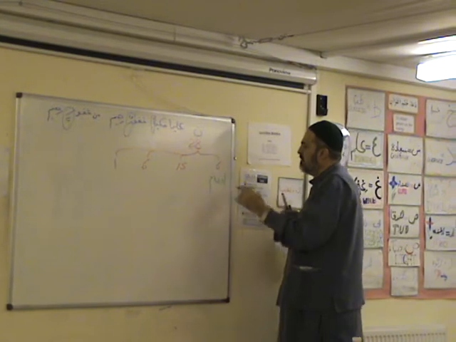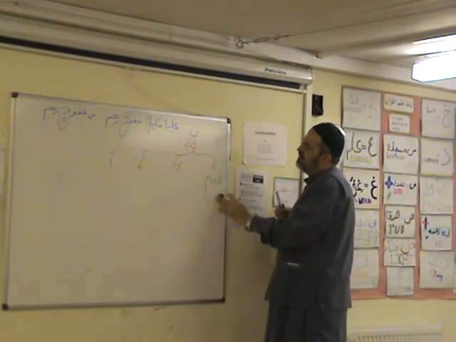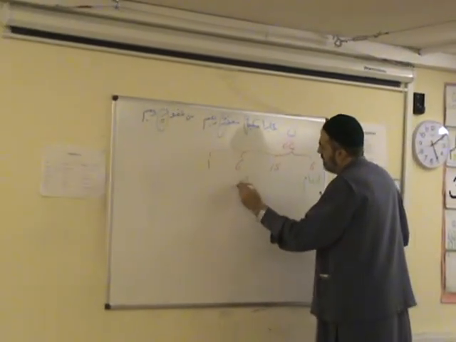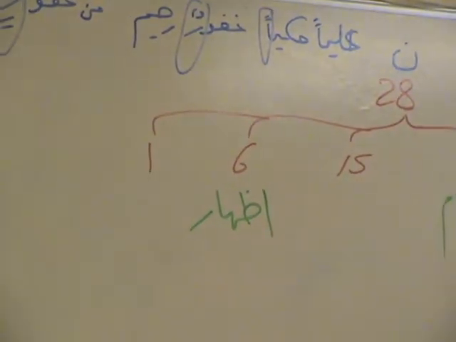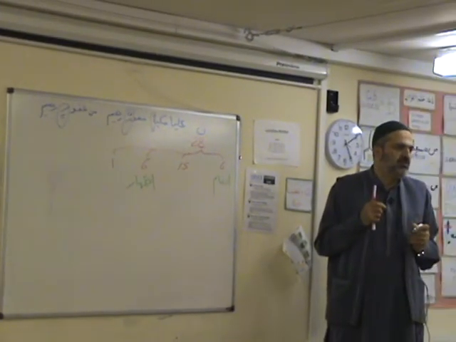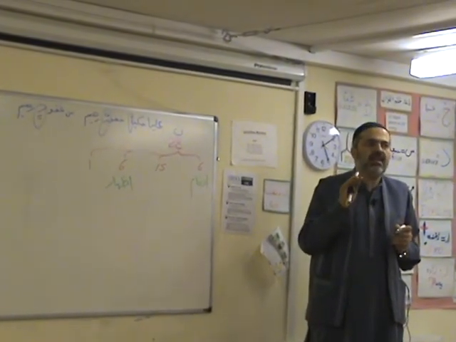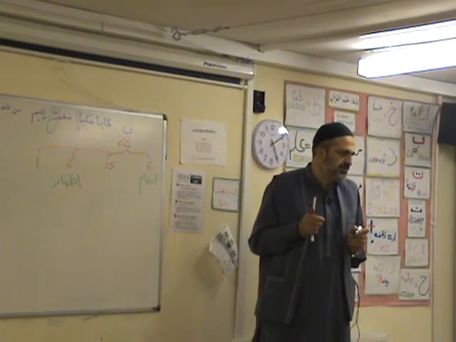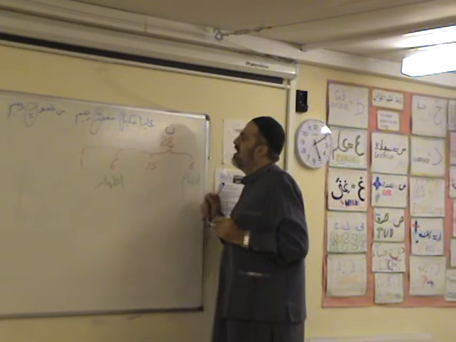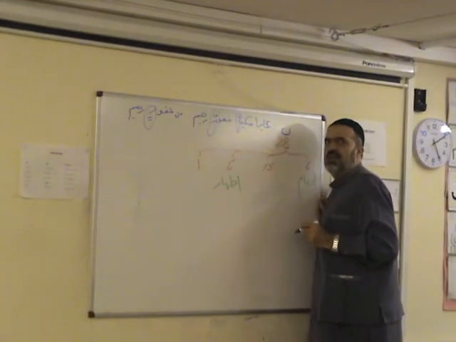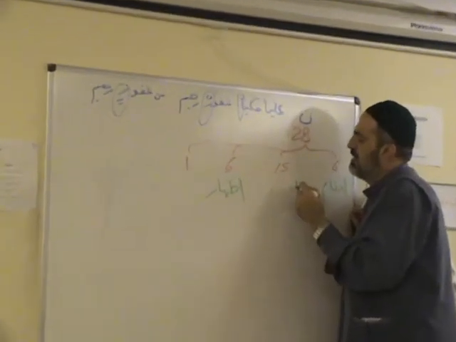The opposite is izhar, when the noon is not affected at all by the letter after it. It is pronounced exactly as it should be. And in the middle, the noon is hidden by the letter after it. We call it ikhfa.